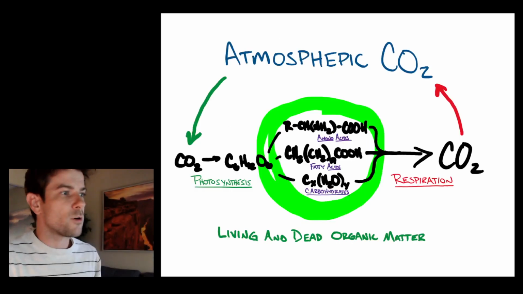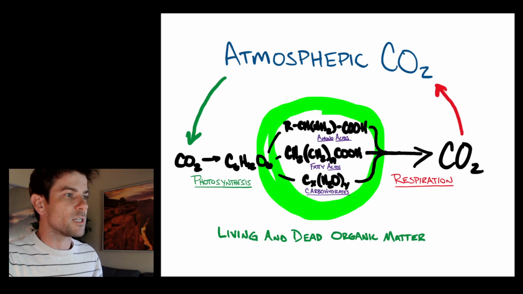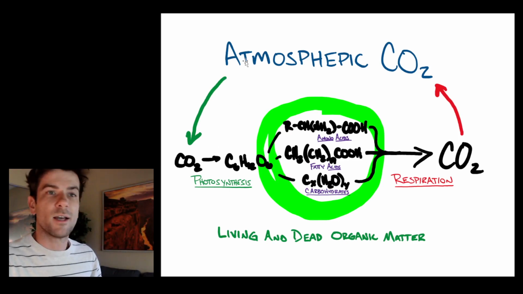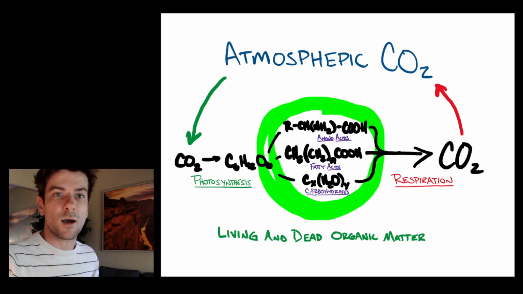Photosynthesis takes atmospheric CO2 and fixes it into carbon, which is processed into all sorts of different organic molecules. I'm pointing at the wrong screen there. So atmospheric CO2 is processed through photosynthesis, and then biology, into lots of reduced organic carbon compounds.